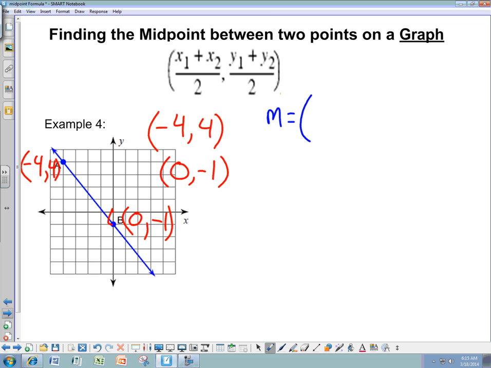So we have -4 plus 0 for my x values, that's the first number in each parenthesis, divided by 2. And 4 plus -1 for my second part there, my y values.